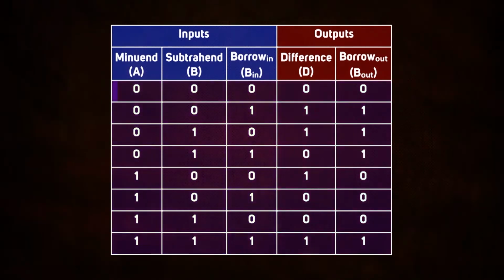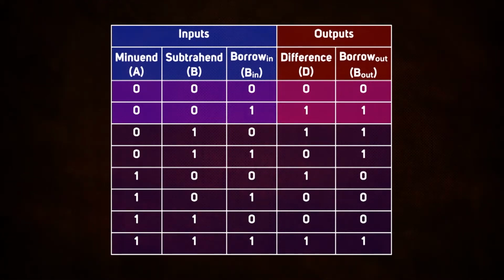If inputs A equal to 0, B equal to 0 and borrow in equal to 0, output difference equal to 0 and borrow out equal to 0. This is obtained by binary subtraction, 0 minus 0 equal to 0. It gives difference 0, borrow 0. If inputs A equal to 0, B equal to 0 and borrow in equal to 1, output difference equal to 1 and borrow out equal to 1.